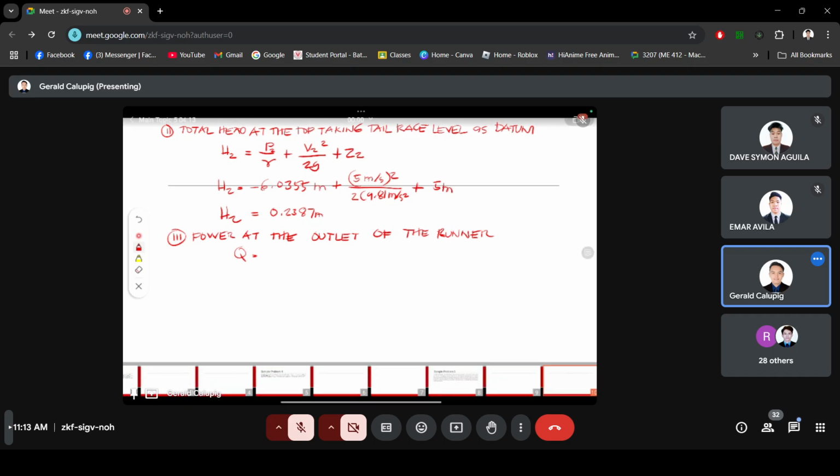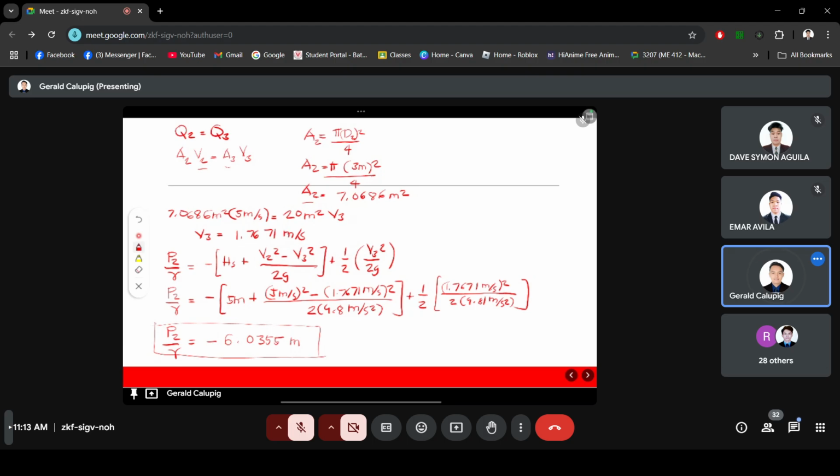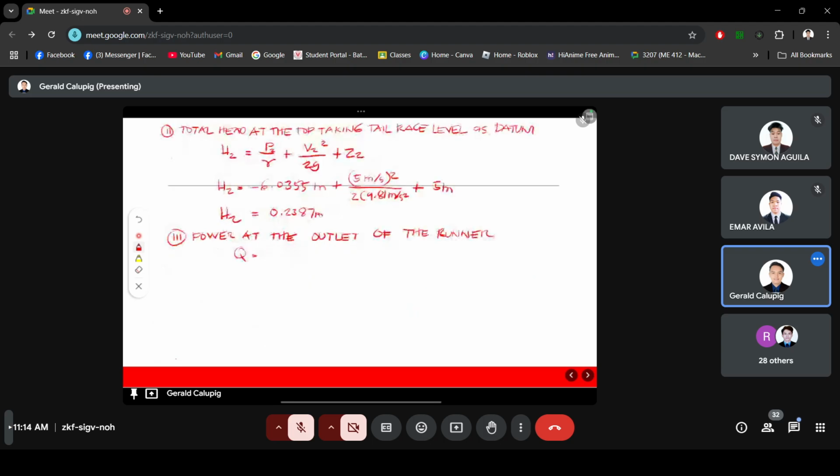Ito na, yung this one, Q2, right? So we have here, ang nakuha natin na area is 7.0686. Okay? We can have here Q is equal to 7.0686 meters times V2 natin is 5 meter per second.